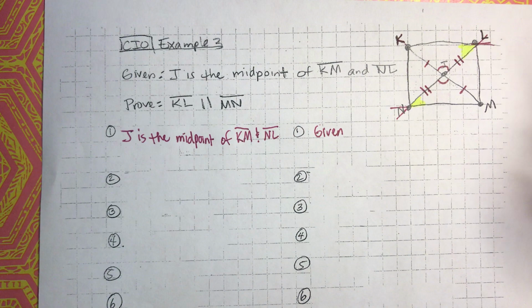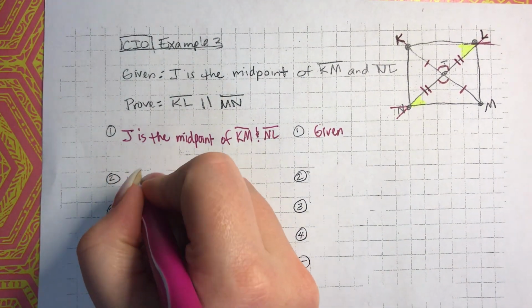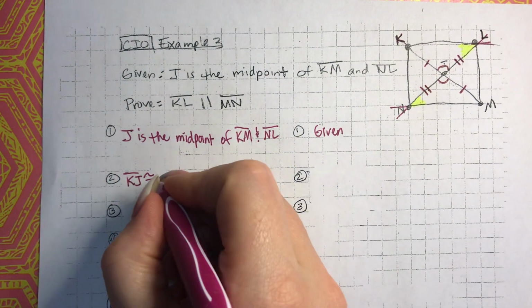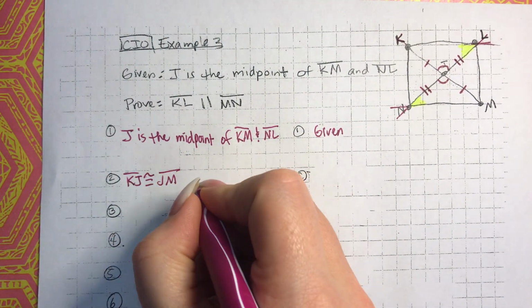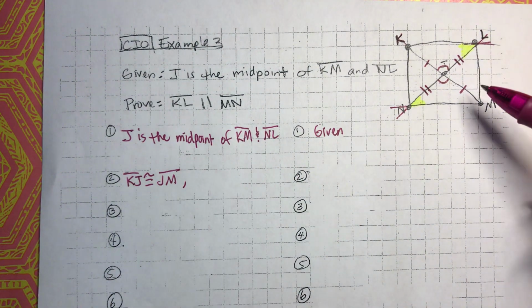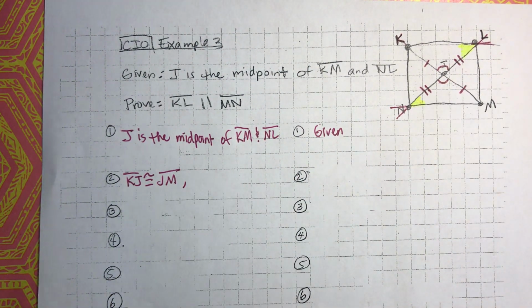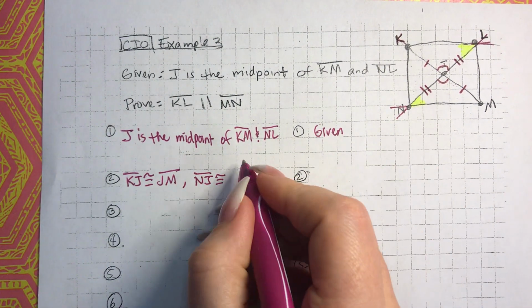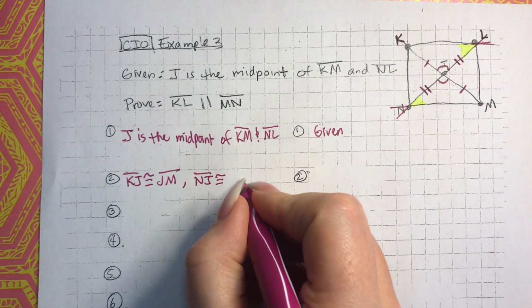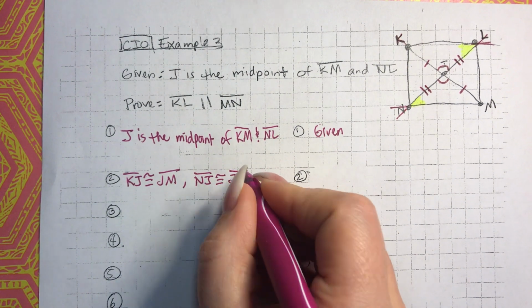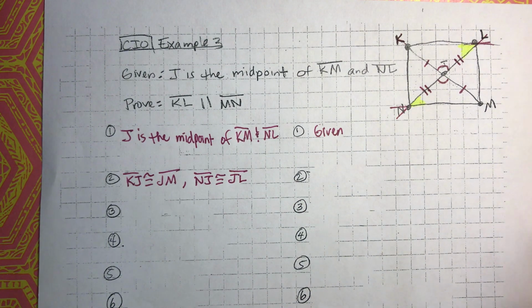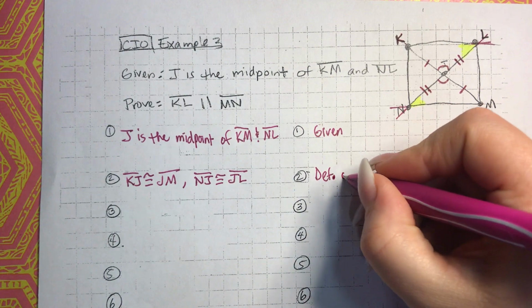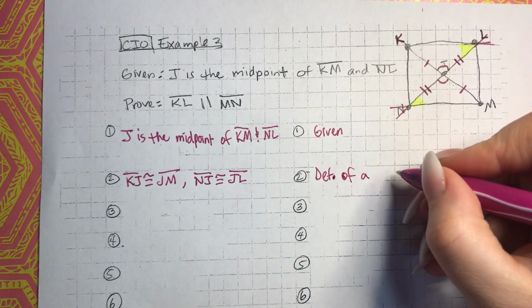We can say KJ is congruent to JM, and NJ is congruent to JL. And that is because of, do you know it? Definition of a midpoint.